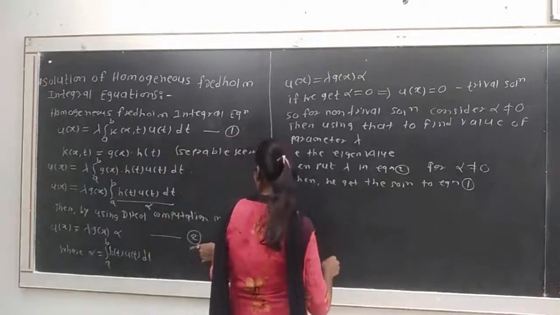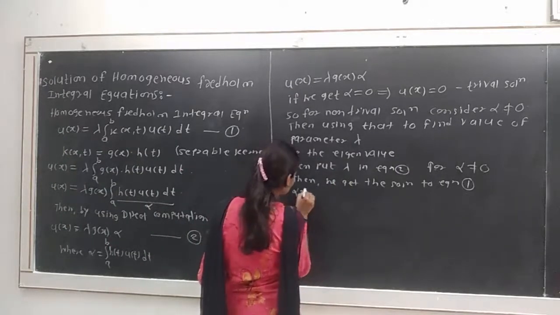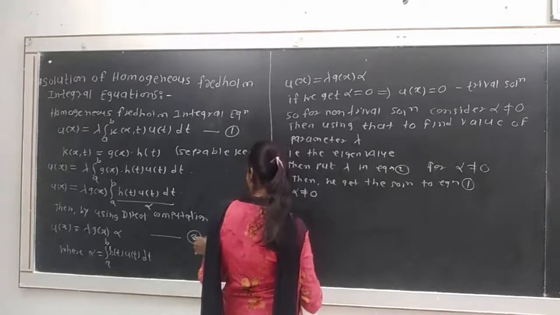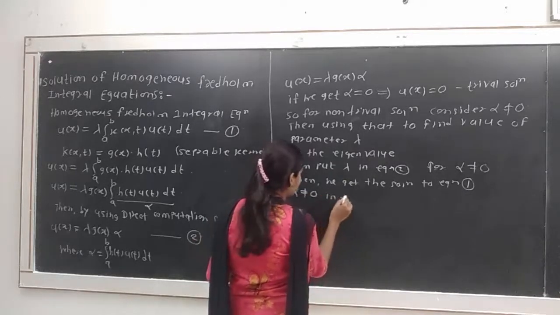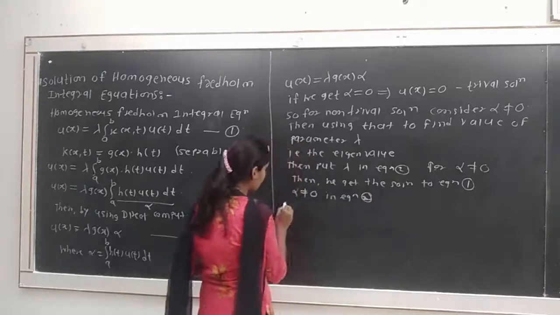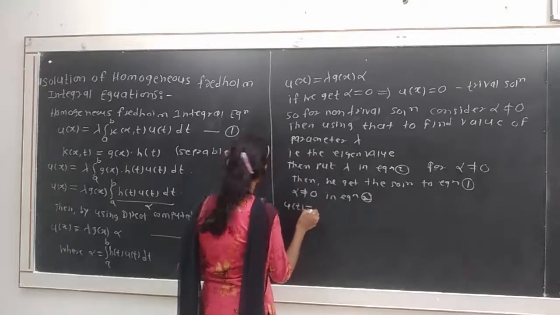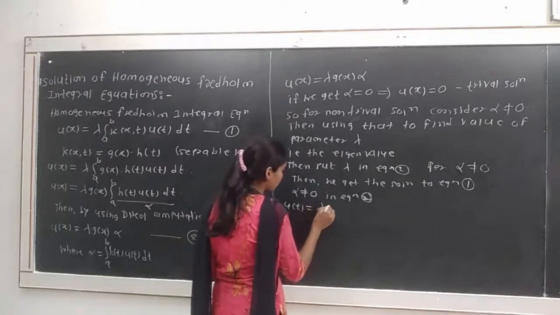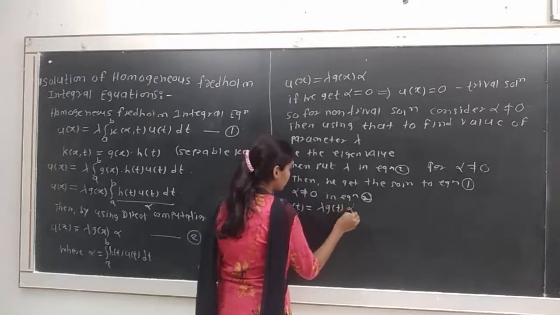So here if we consider alpha not equal to 0 in equation number 2, we can write in terms of t: u of t is equal to lambda g of t into alpha.